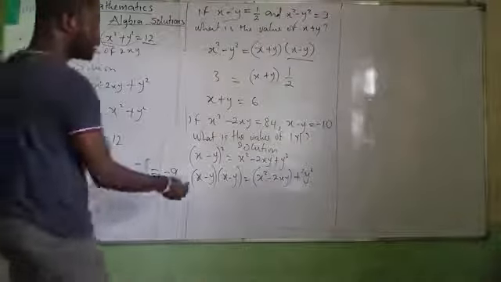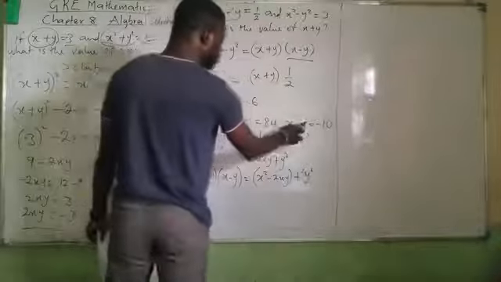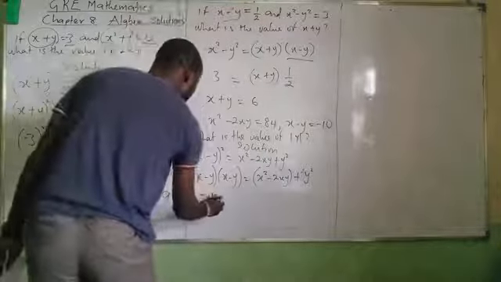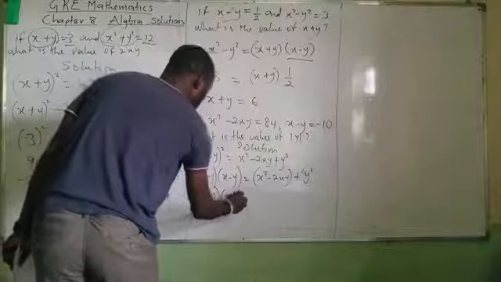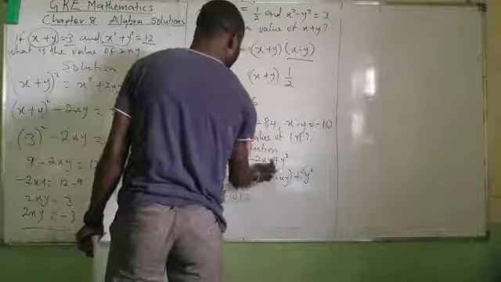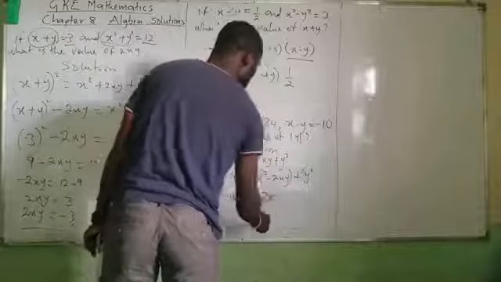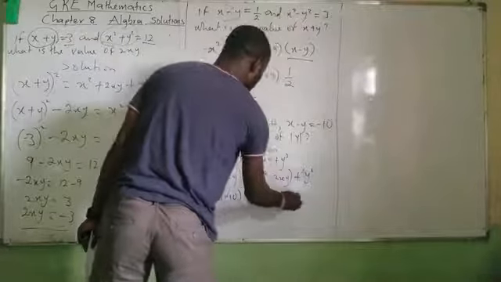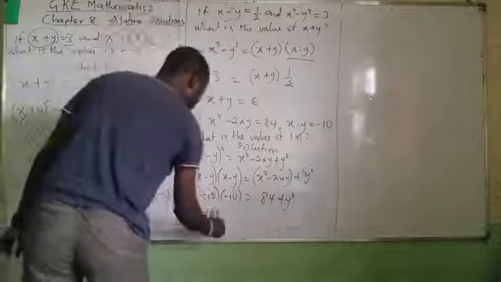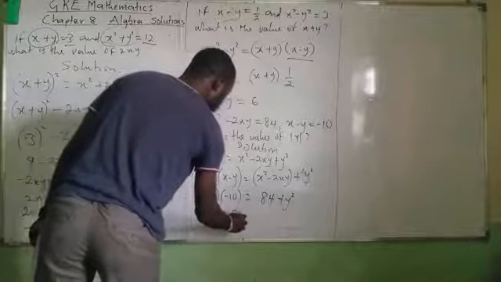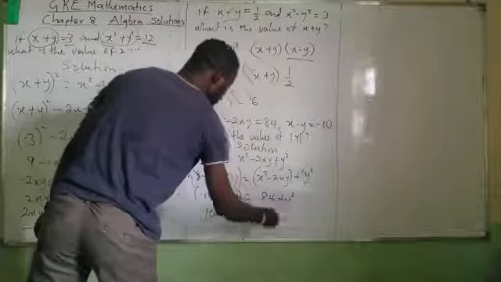You know that this equals this. Now it means (minus 10) squared equals this, which will be 84, plus y squared. Now it will be 100 minus 84 equals y squared.